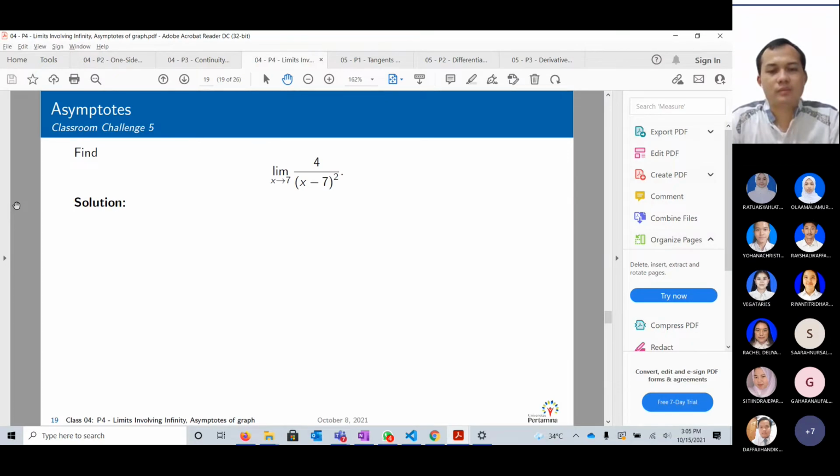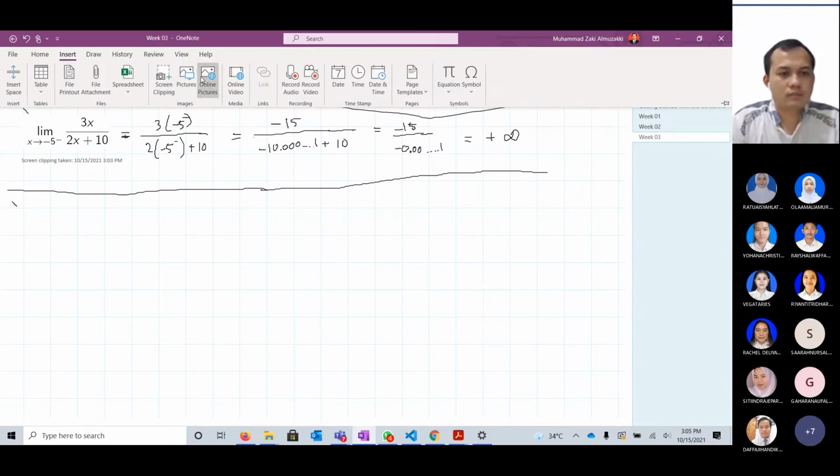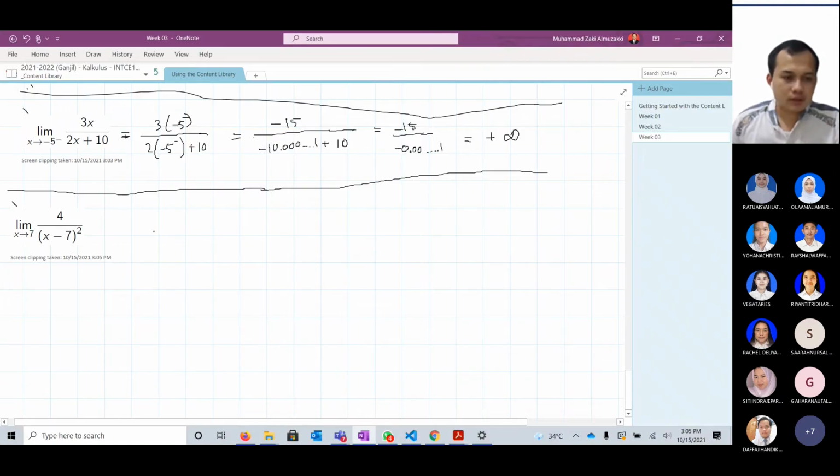Okay, now what is the value of this limit? For this limit, we have something actually quite nice, because the numerator is positive and the denominator is always positive because of the square.